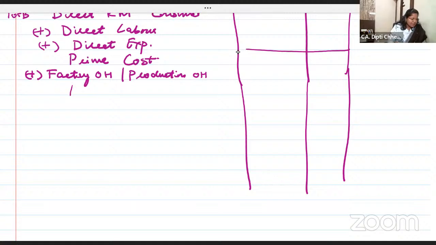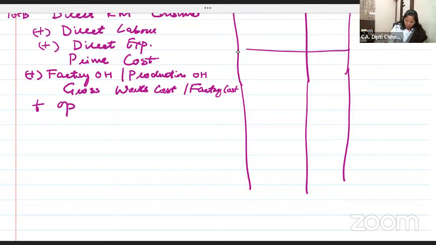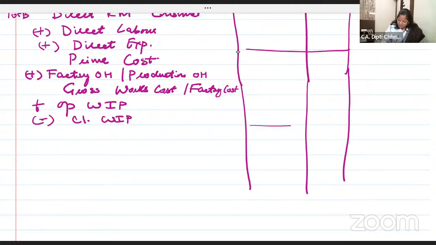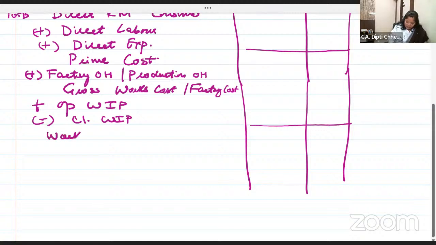Now what we get is called gross works cost or factory cost. Gross works cost, or another name is factory cost, because you have already added the factory overhead. Add to it opening work in progress, minus, always in bracket, closing work in progress. We get the works cost or the factory cost.